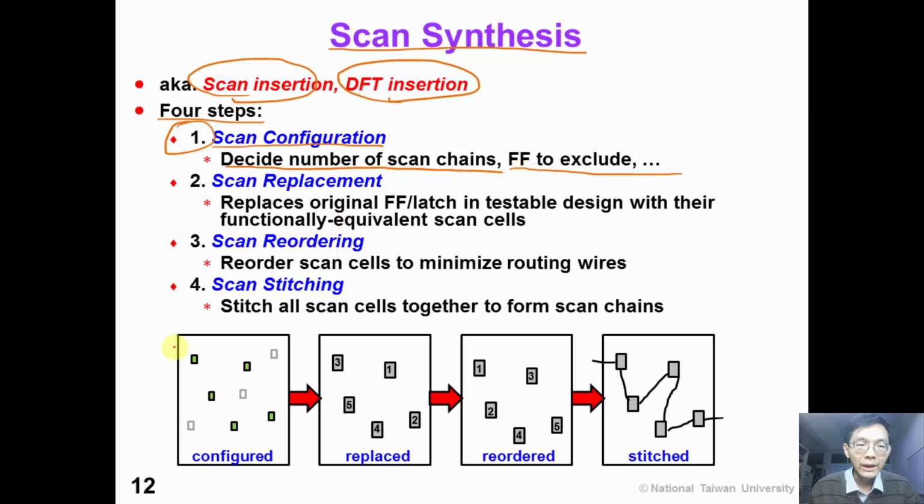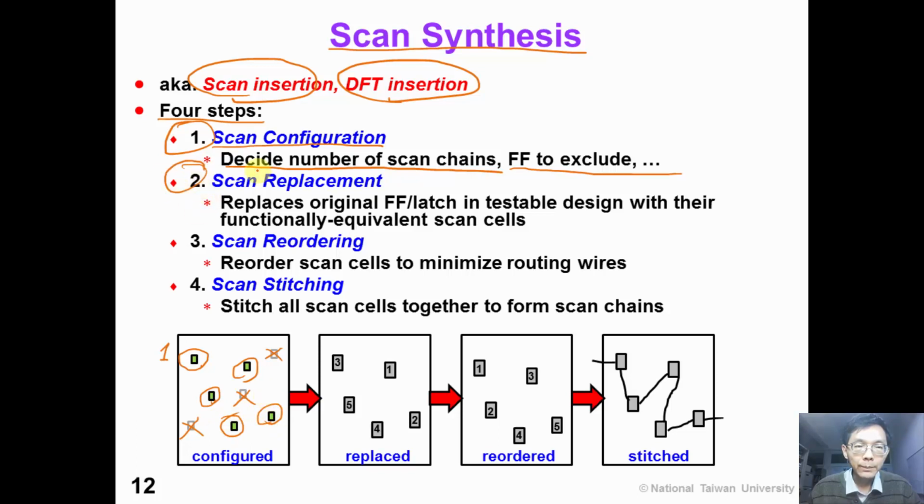For example, in this figure below, suppose that the designer decides to have 1 scan chain, and the small green rectangle indicates original flip-flop, and the designer decides that we don't want to include this special flip-flop in our scan, and the other flip-flop should be included in our scan chain.